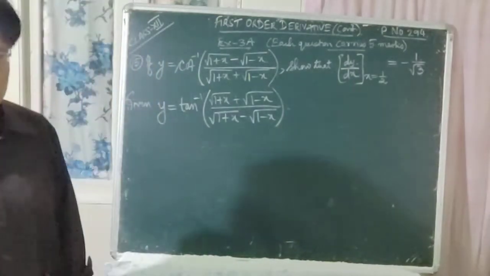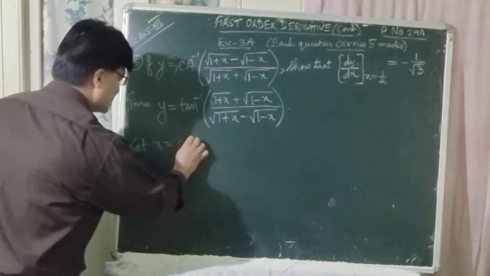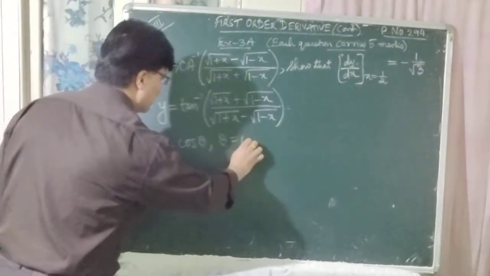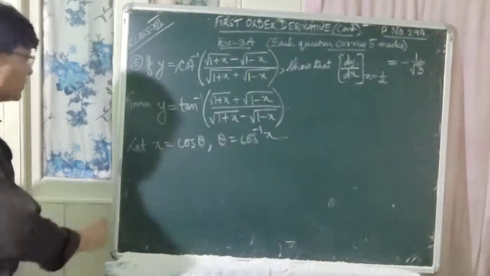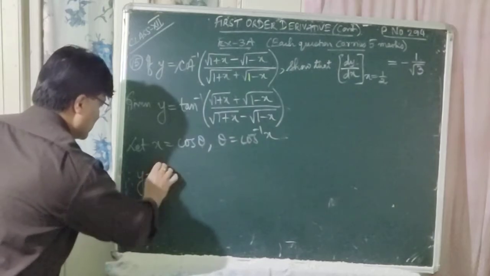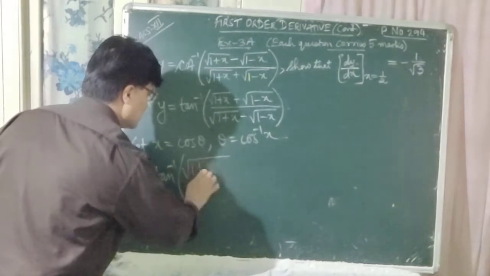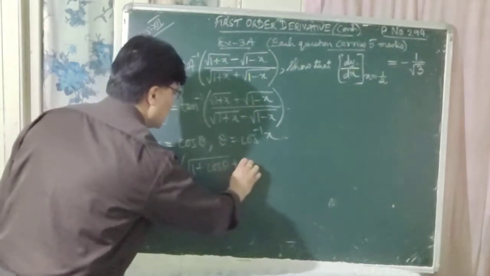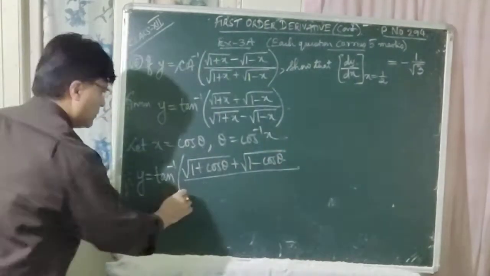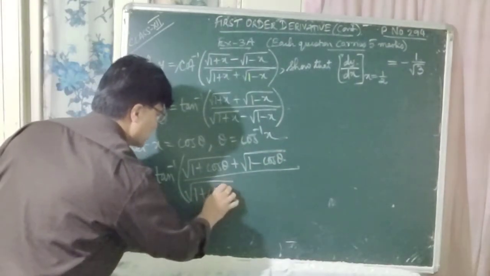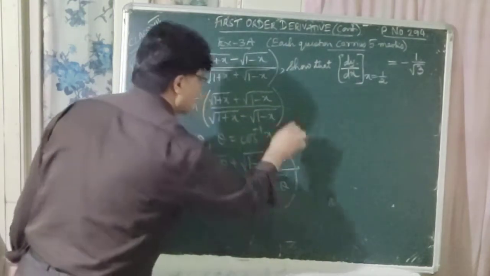Now let's do the trigonometric substitution to simplify it so that it will be easier for you to differentiate. So let x is equal to cos theta, and the value for theta here is cos inverse x. Therefore y is equal to tan inverse of root over 1 plus cos theta plus root over 1 minus cos theta divided by root over 1 plus cos theta minus root over 1 minus cos theta.